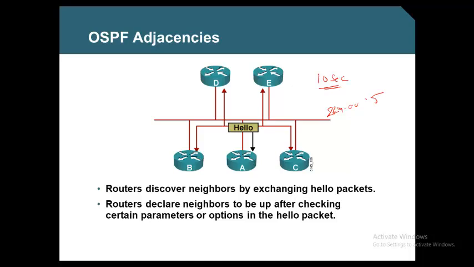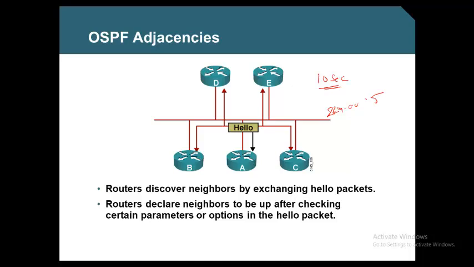Routers discover neighbors by exchanging hello packets. Routers declare a neighbor to be up after checking certain parameters. This is what I was talking about. Parameters such as area ID, subnet, authentication, timer. Timer is also very important.